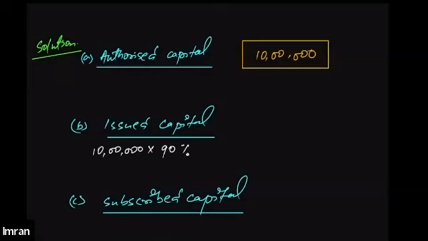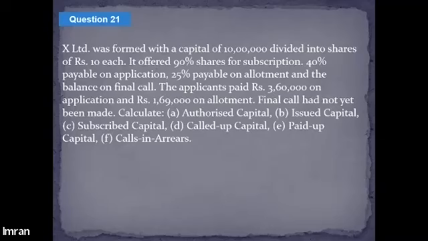So that means issued capital was 9 lakhs. All right. After that, it says 40% payable on application, 25% payable on allotment, and balance on final call.